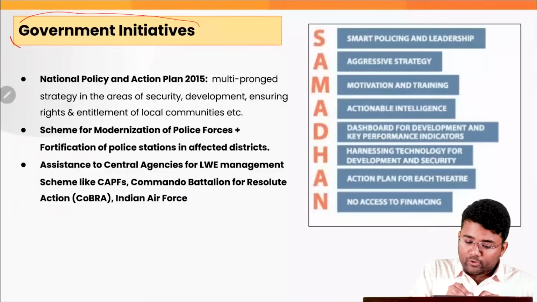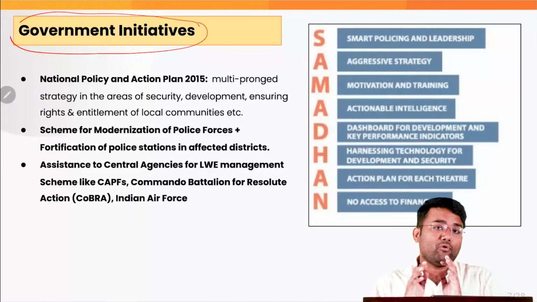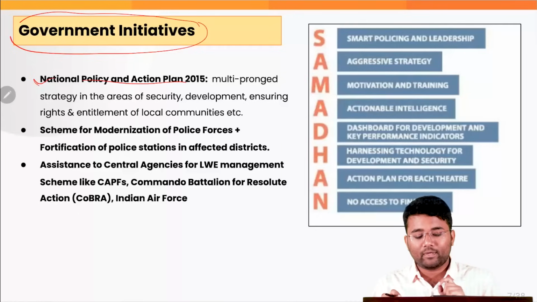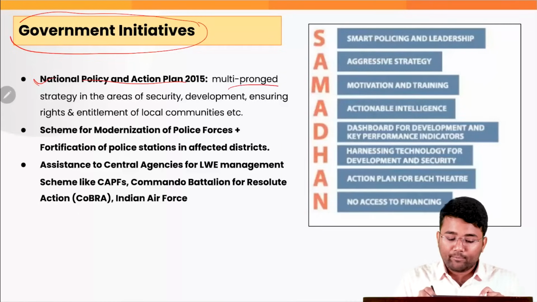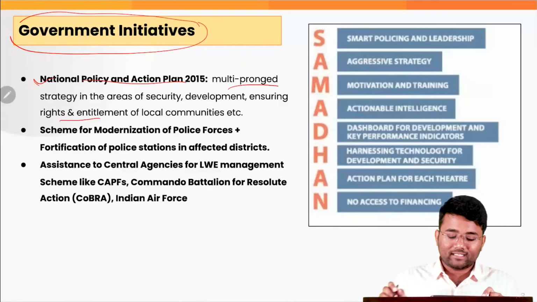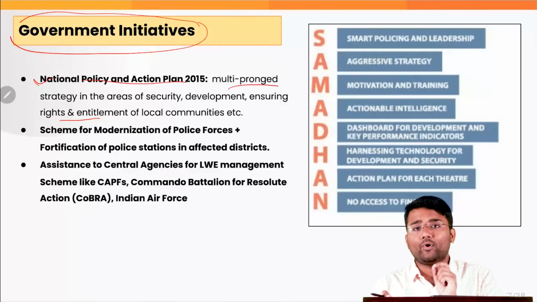Now let's look at the various government initiatives taken to comprehensively deal with this issue. The first is the National Policy and Action Plan 2015, a multi-pronged strategy in the areas of security and development that ensures the rights and entitlements of local people are provided properly.